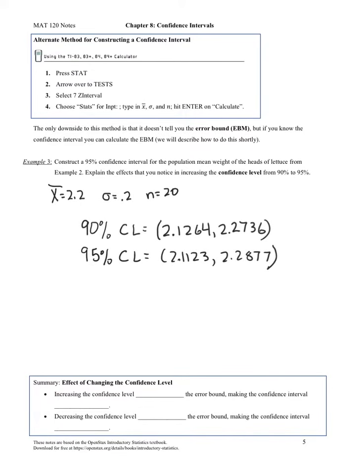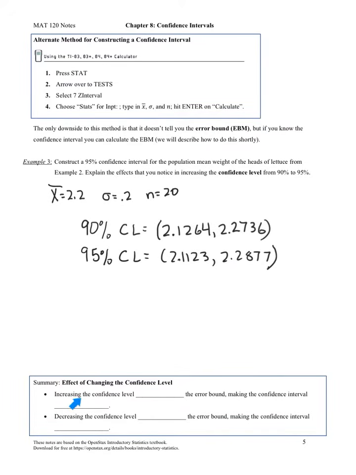We're also asked to explain the effects that we notice when we increase the confidence level. Look at what happened to our lower bound when we increase the confidence level. Look at what happened to our upper bound when we increase the confidence level.